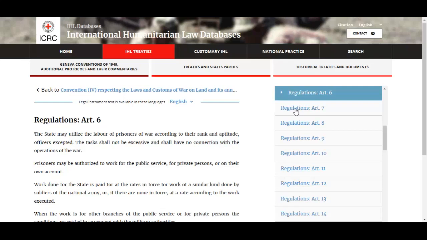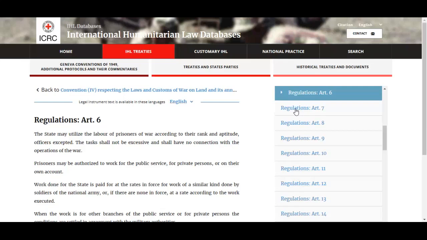Work done for the state is paid for at rates proportional to the work of a similar kind executed by soldiers of the National Army, or, if there are no such rates in force, at rates proportional to the work executed. When the work is for other branches of the public service, or for private persons, the conditions are settled in agreement with the military authorities.